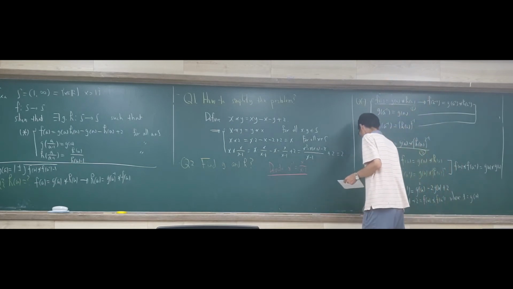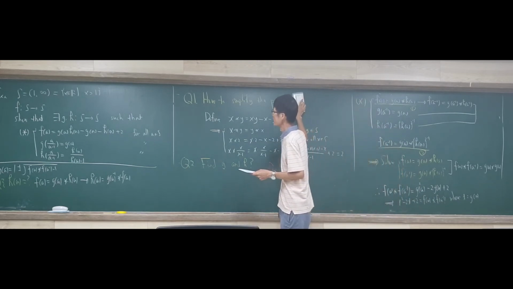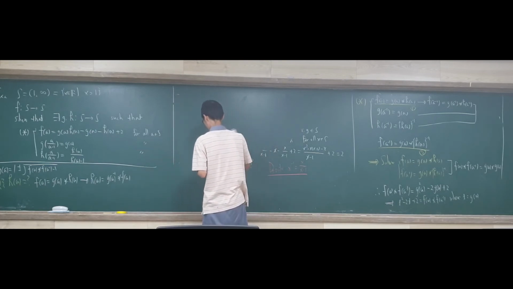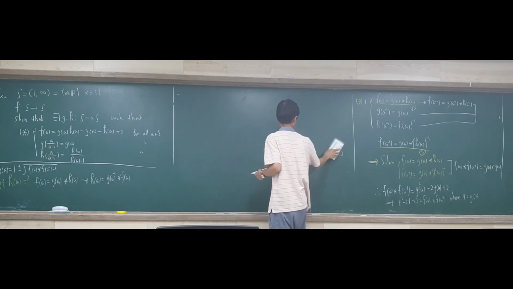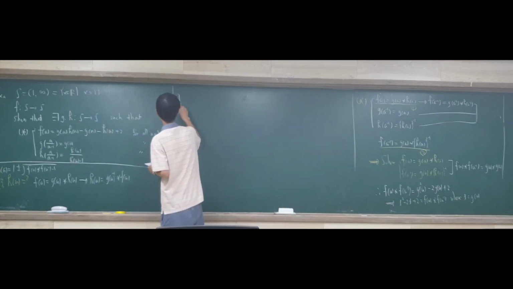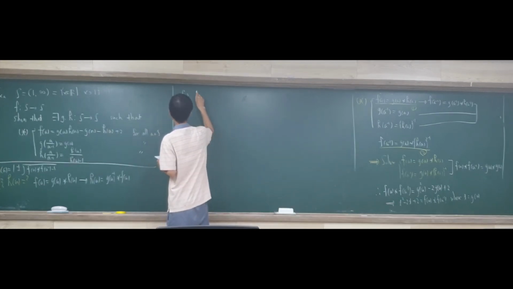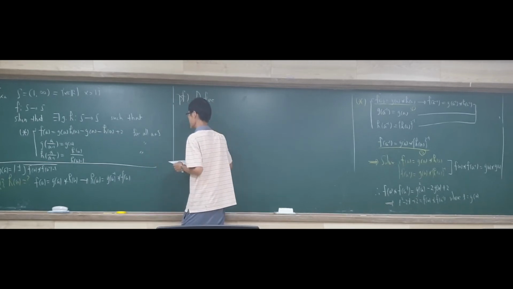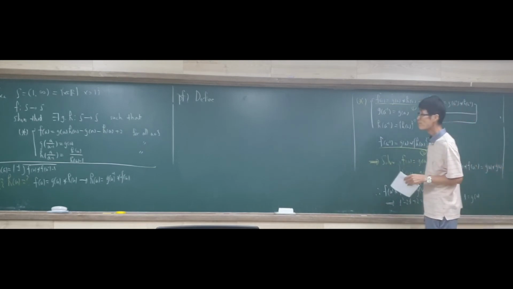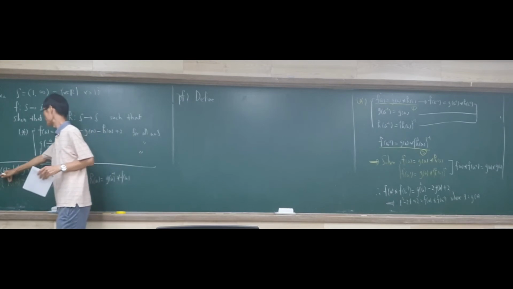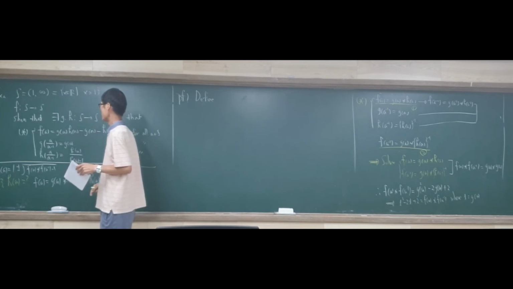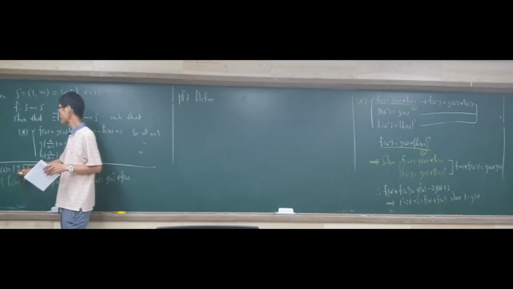So we define G. G can be given as this one, but if we consider the domain and range, we should take a plus, not minus, in this equation.